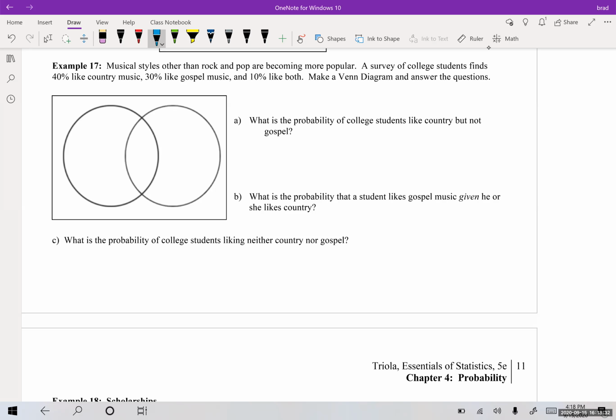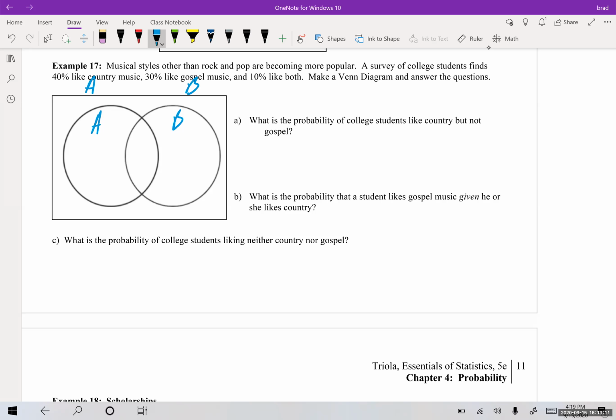Let's call this event A and this event B. Country music is A and gospel music is B. You could use C and G if you wanted, but I already have my notes written out with A's and B's, so I'm just going to keep it that way. So event A is they like country music, event B is they like gospel music, and 10% like both.